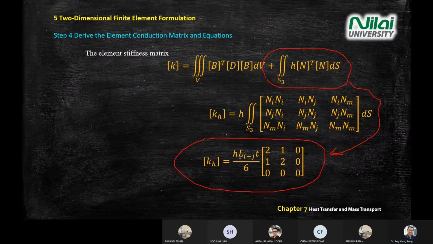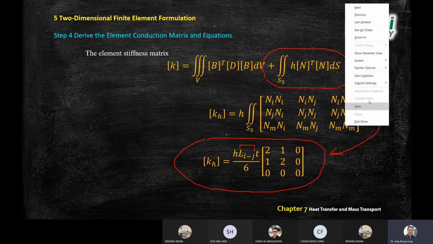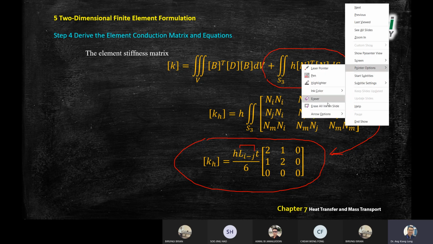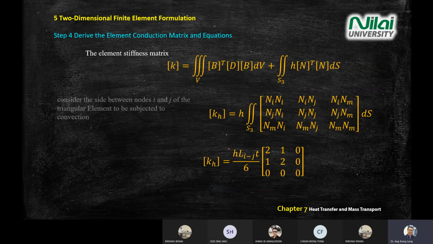You take H, L, the length of that element, length of I minus J, times the thickness divided by 6, and then you have 2, 1, 1, 2, and the rest is 0. Okay, 2, 1, 1, 2, the rest is 0. We'll go through one tutorial question, then you will see the idea.